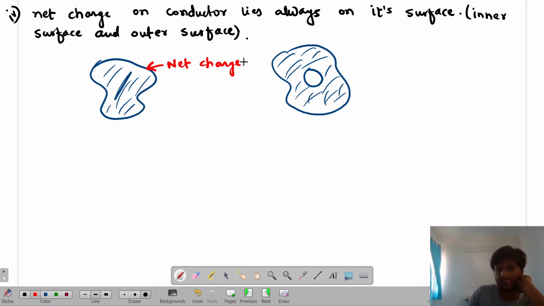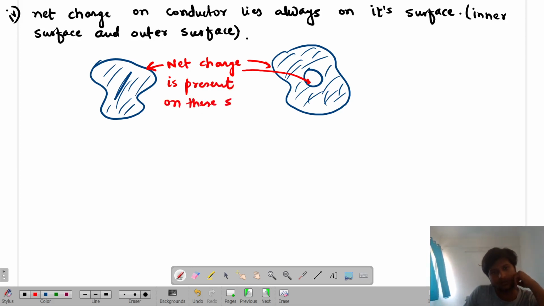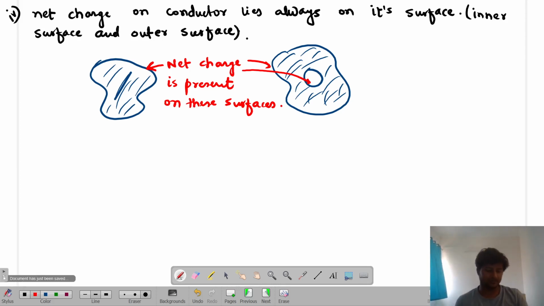And second thing is this net charge is also present on this inner surface, which is the cavity. Is that clear? So net charge is present. It does not mean that I'll have no net charge on my inner surface. I'll definitely have some charge on the inner surface also. Is that clear?